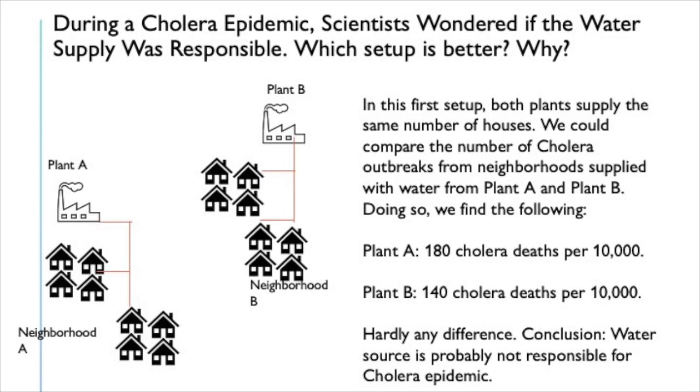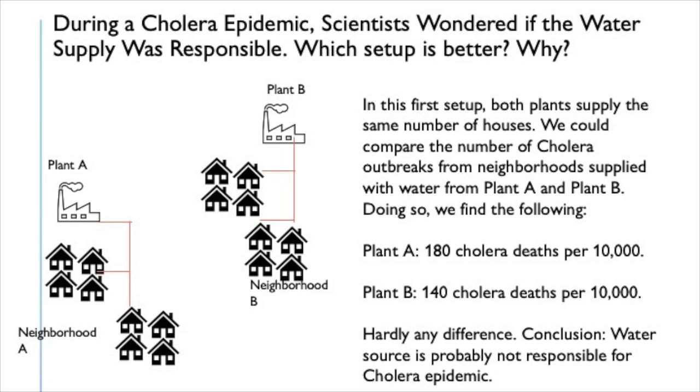So here is the first condition, and these are approximations of the actual data that was collected in trying to determine whether or not the water plants are responsible. Plant A had 180 cholera deaths per 10,000 people.